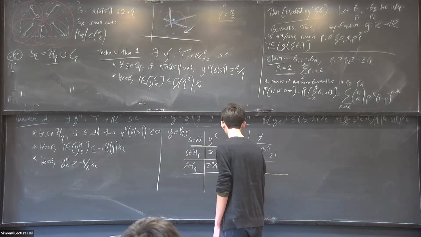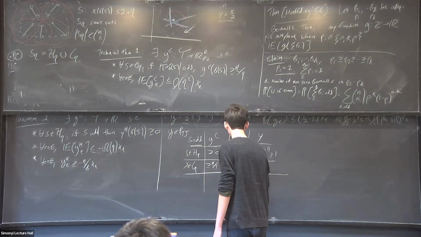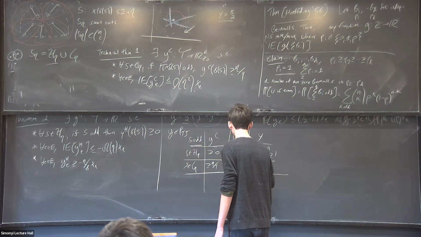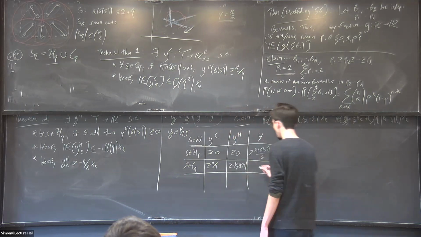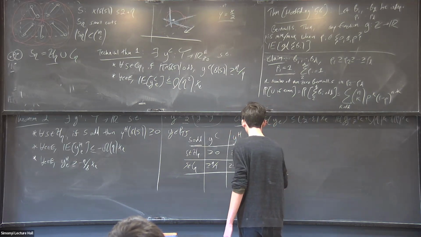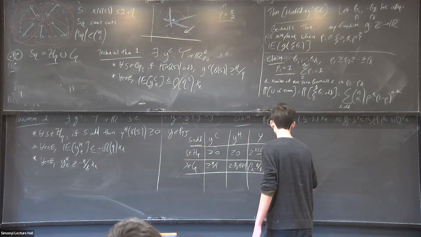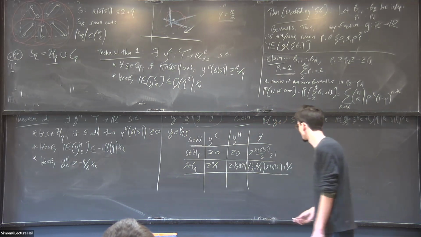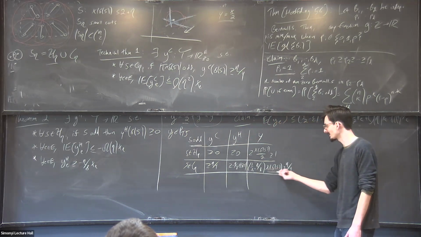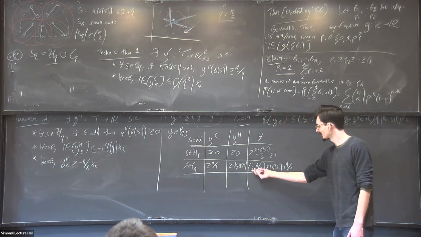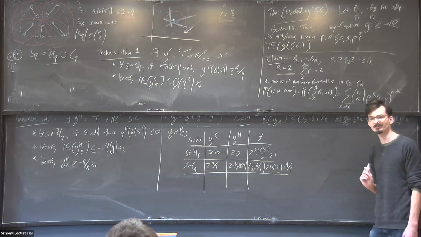So this is going to be at least negative eta over 8, x of delta of S. If I put these things together, I'm going to get 1/2 minus eta over 8, x of delta of S plus eta over 4. And so you can see this is minimized when x of delta of S is 2. So this sum is going to be at least 1.